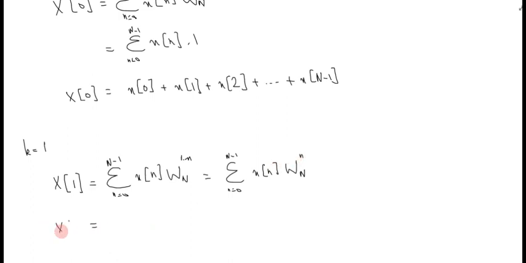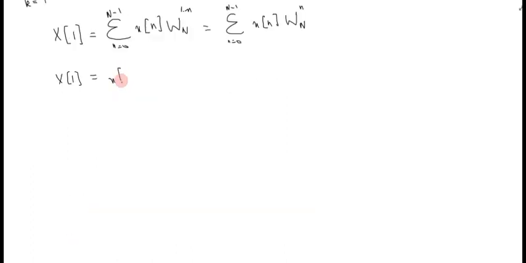So X of 1 is x of 0 W N raised to power 1 into 0, plus x of 1 W N raised to power 1 into 1, plus x of 2 W N raised to power 1 into 2.